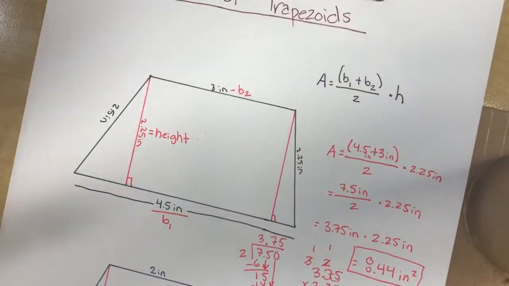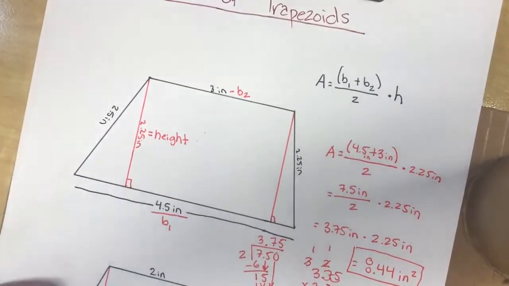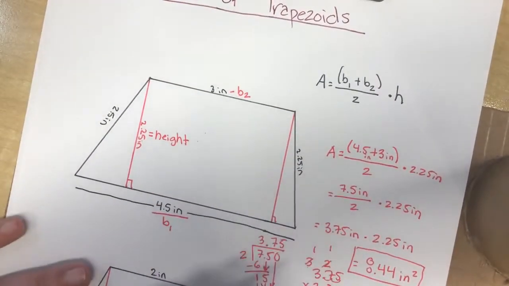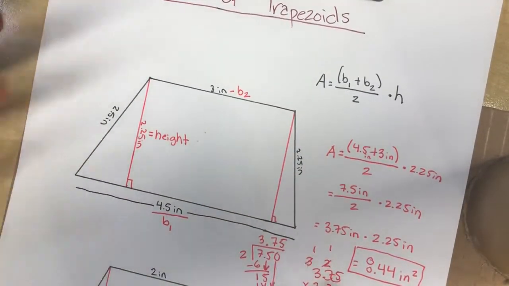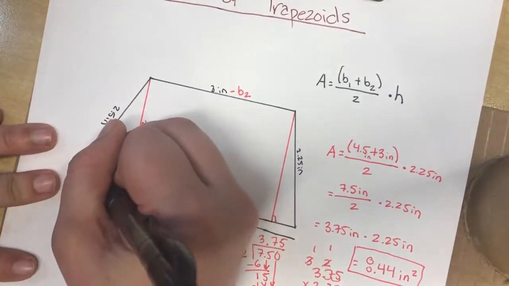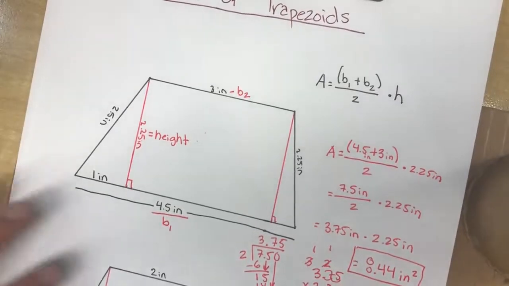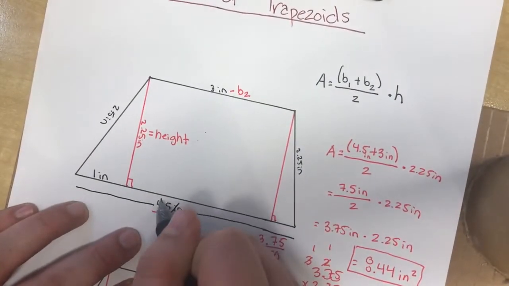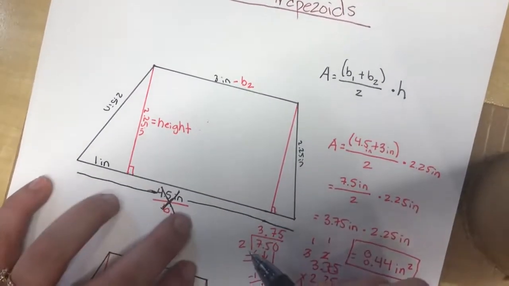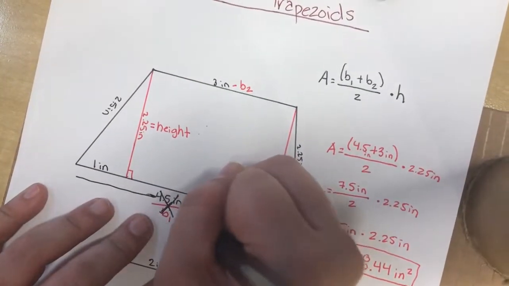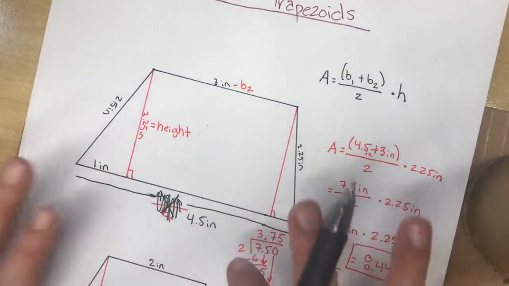Okay. We're going to look at this same trapezoid and say that, because sometimes you'll get a problem that looks similar to this, but it says, okay, this length is 1 inch. And it won't give you this. No, it does give you this. Just kidding. But this isn't our total base.